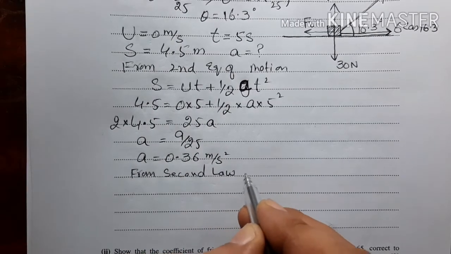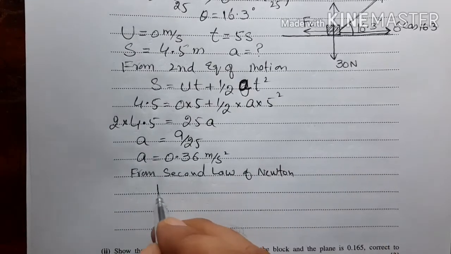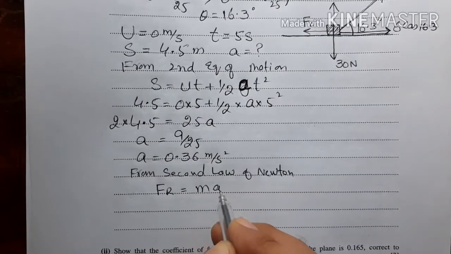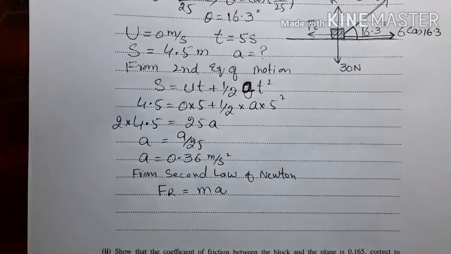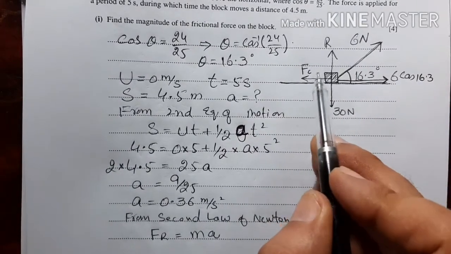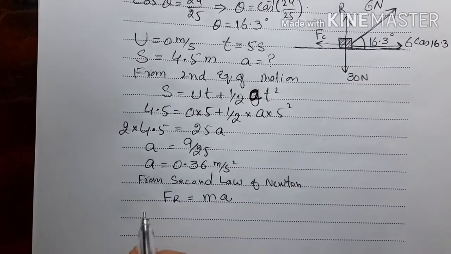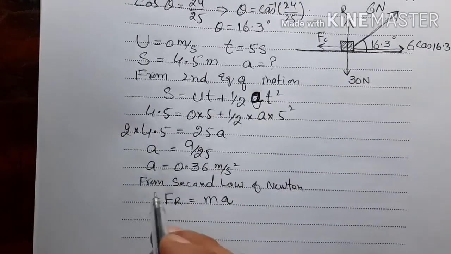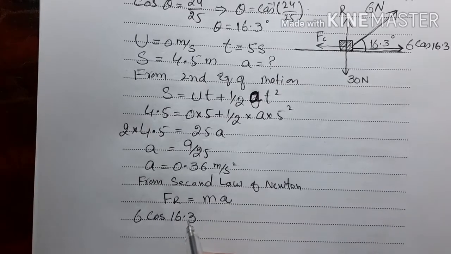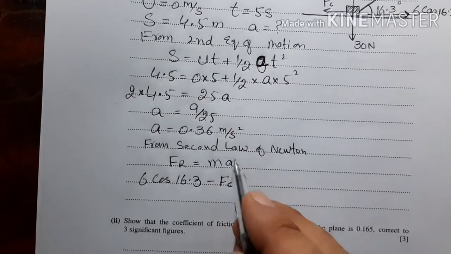Okay, for frictional force we'll use Newton's second law. F resultant is equal to ma. Why do I use the word F resultant? Because there is a frictional force which is acting opposite to the driving force, so the resultant force will be 6 cos 16.3 minus frictional force is equal to m into a.